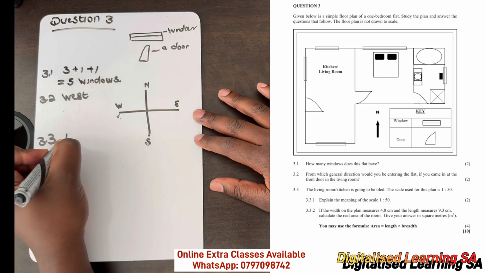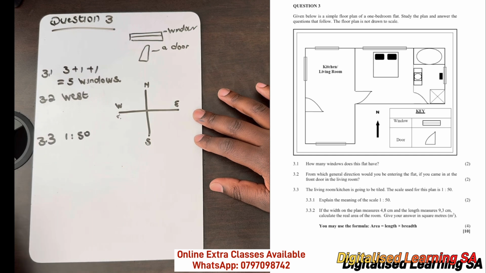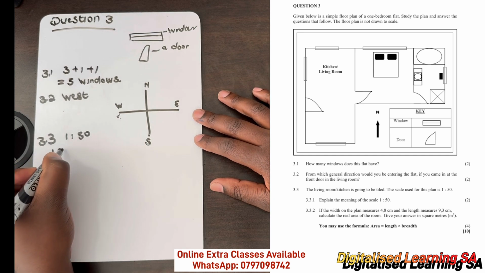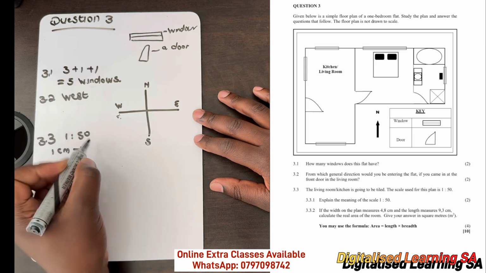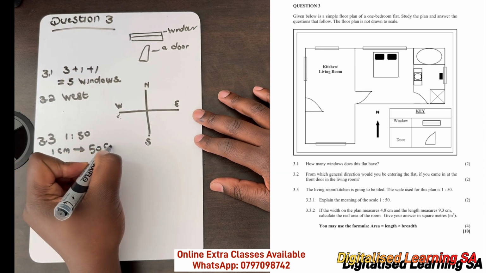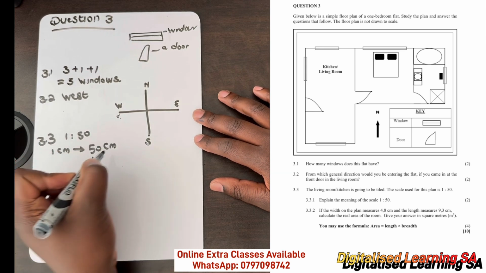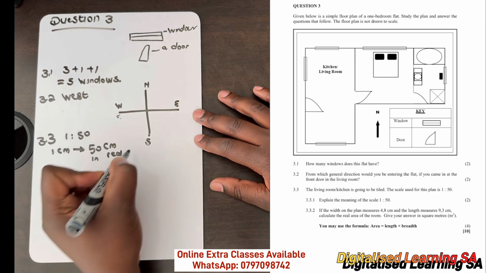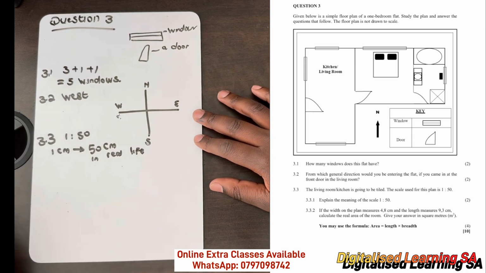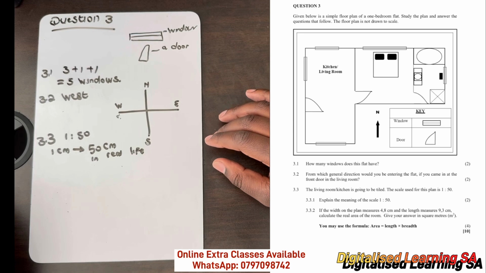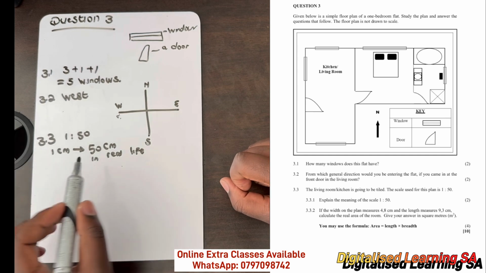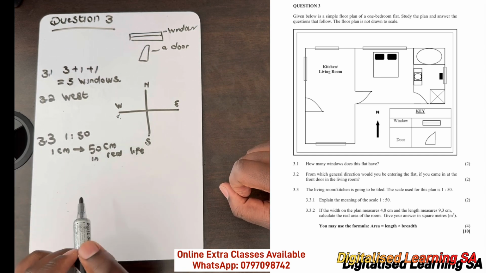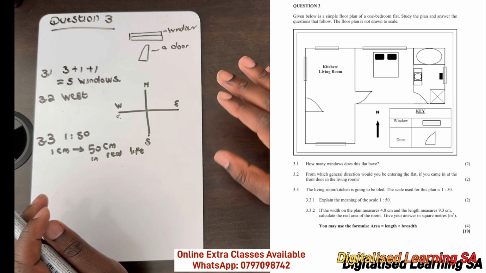So 1:50 basically means that 1 centimeter on paper is equal to 50 centimeters in real life. If for example the living room is 10 centimeters on the plan, in real life it is 10 multiplied by 50. I hope that makes sense.